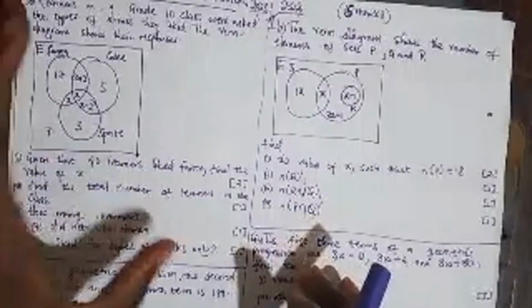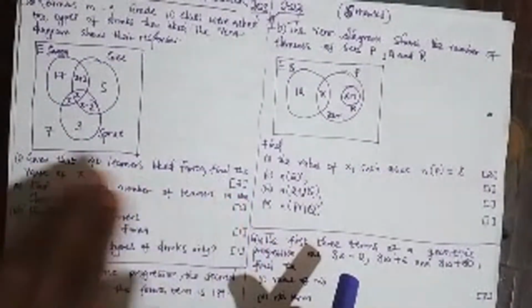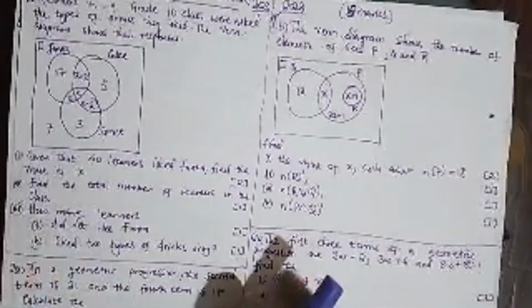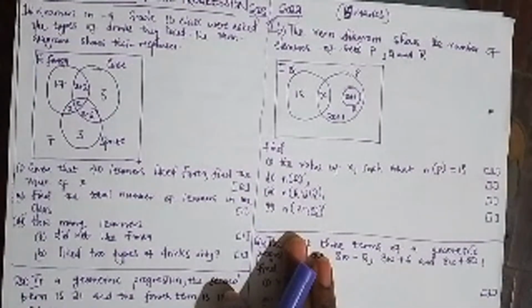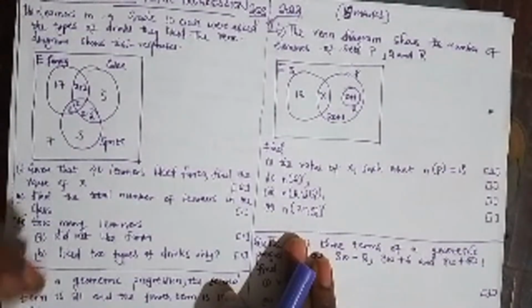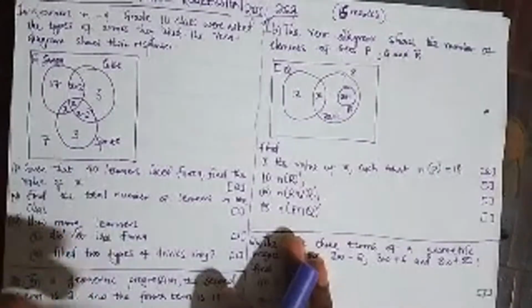So these are the three types of drinks. The first question is that, given that 40 learners liked Fanta, find the value of X.